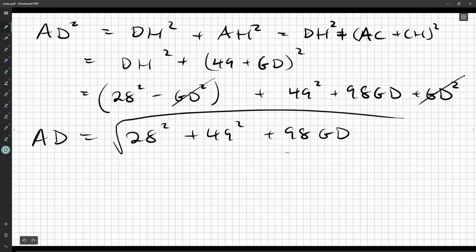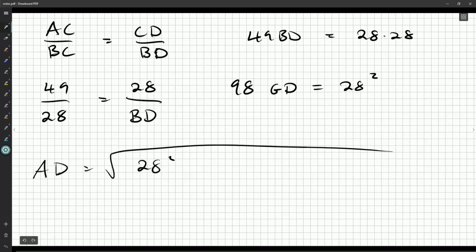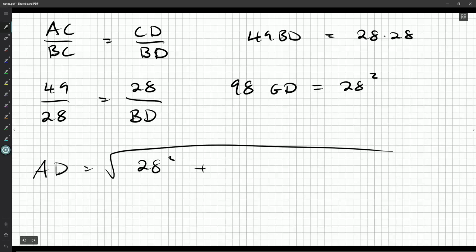I can just plug it in right here. Well, BG, I guess we could say GD. So AD is the square root of 28 squared plus, I think it was 49 squared, plus 28 squared.